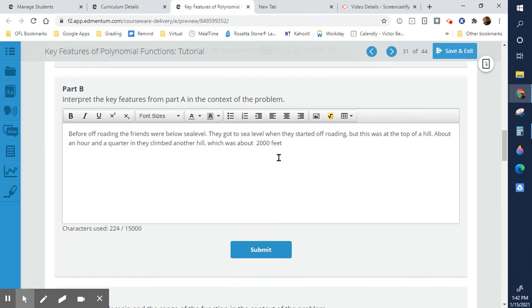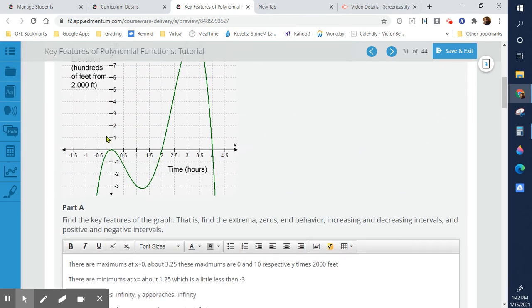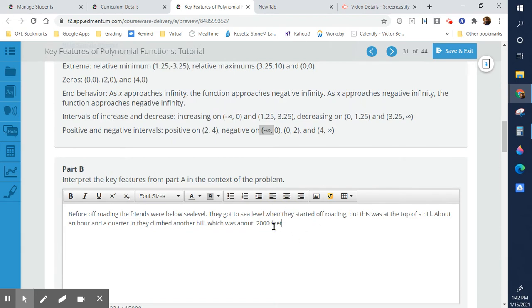Because remember that all these numbers represent 10 feet. 20,000 feet. I'm going to put a little comma here.